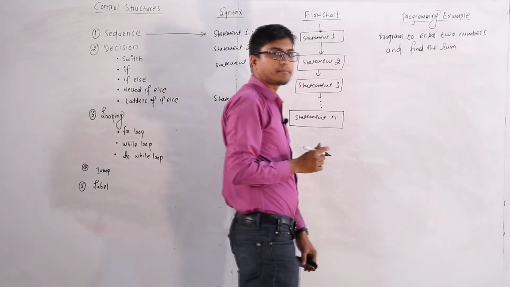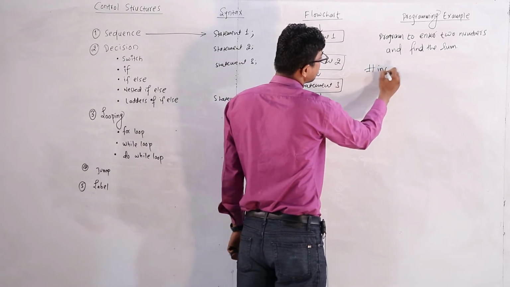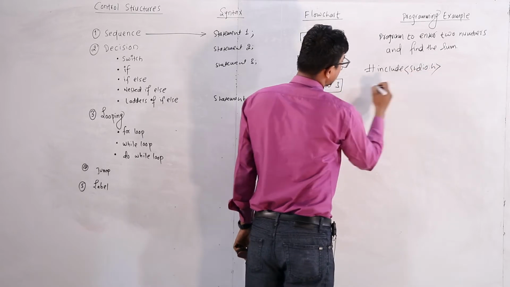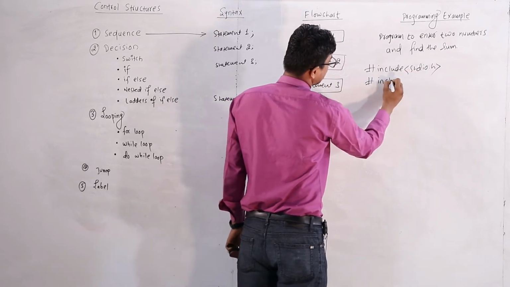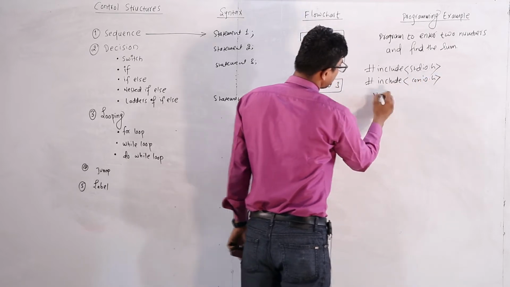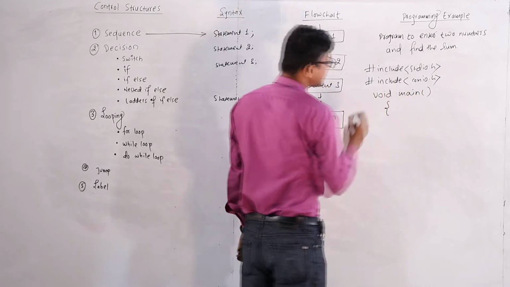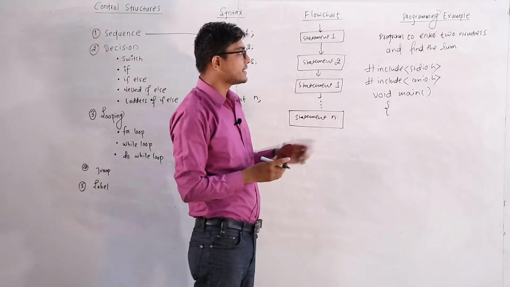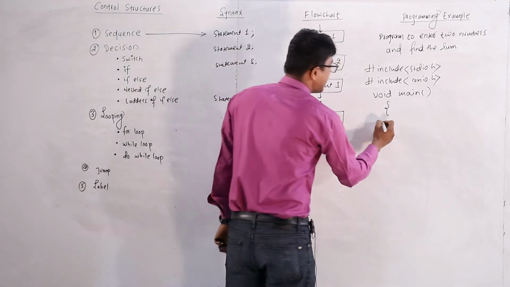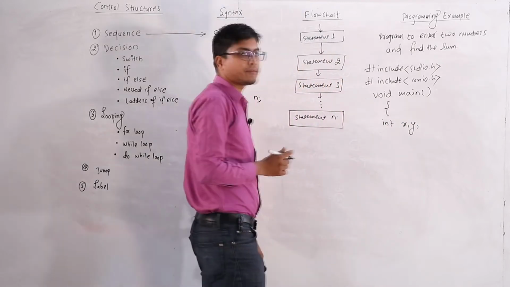The question says enter two numbers. It means you have to write two integer variables, integer x, y, and you have to find the sum.